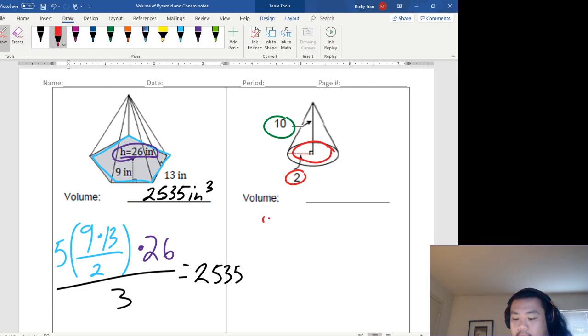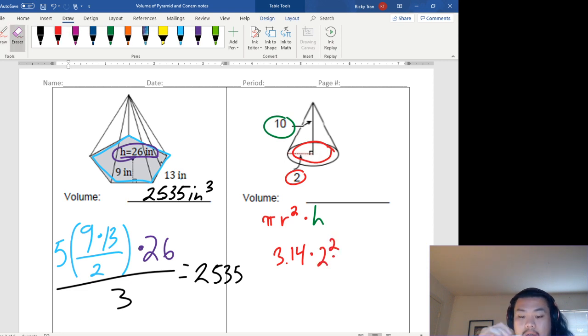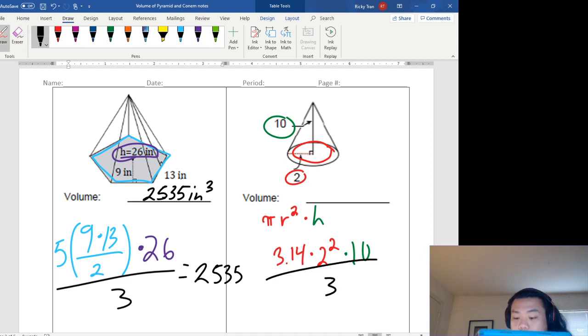So it's gonna be pi r squared times height. So it's going to be 3.14 times the radius, which is 2, squared, times our height, which is 10, and divided by 3. I forgot to put the divide by 3 here.